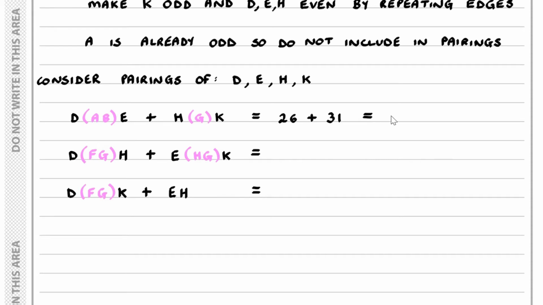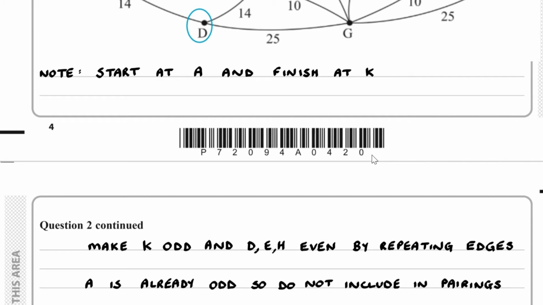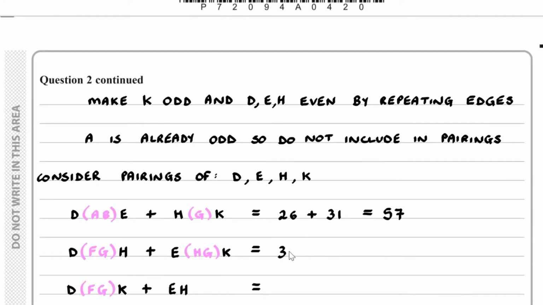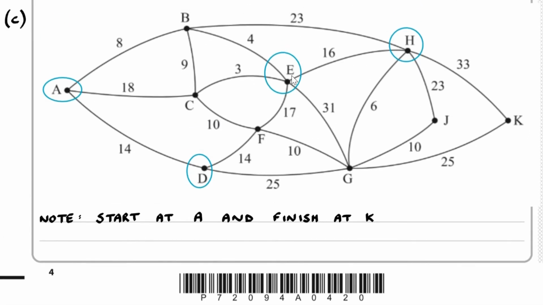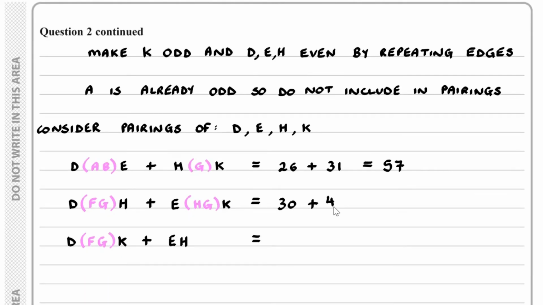So what we get over here is 57. Then we've got D, F, G, H, so 14 plus 10 plus 6, that's 30. And then E to H, that's 16 plus 6 plus the 25, that's 47. If I add these together, we get 77.